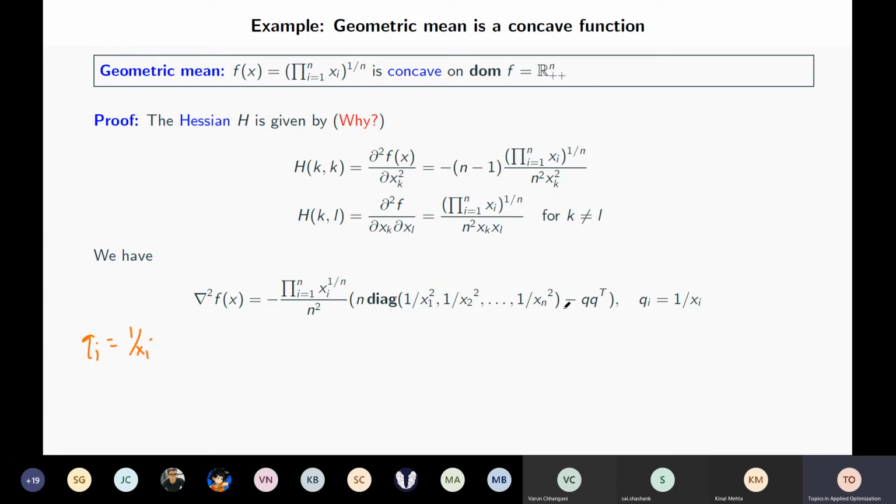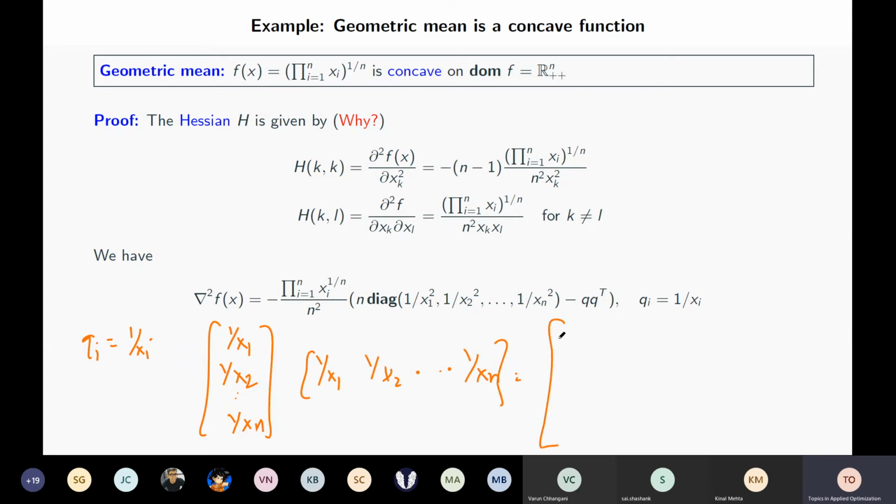If I do QQ transpose, this is like the column times the row: 1 by x1, 1 by x2, 1 by xn, times 1 by x1, 1 by x2, 1 by xn. So what will this give us? 1 by x1 square on the diagonal, 1 by x2 square and 1 by xn square. And the off diagonal terms will look like 1 by x1 x2, and so on, 1 by x1 xn, and here it will be 1 by xn x1, and so on.